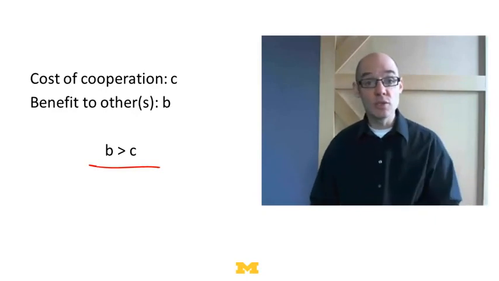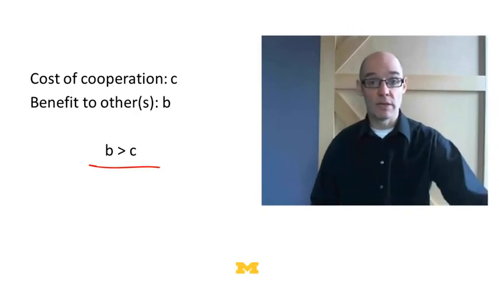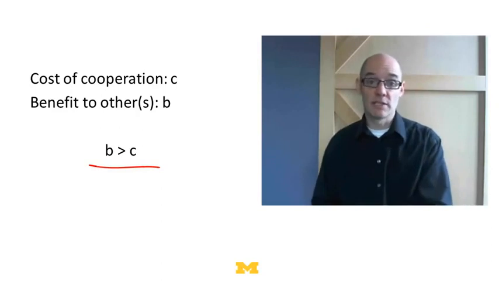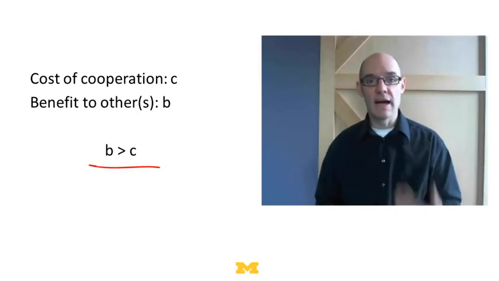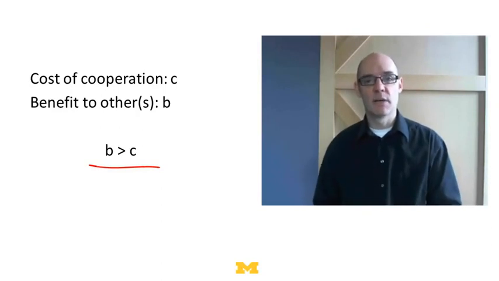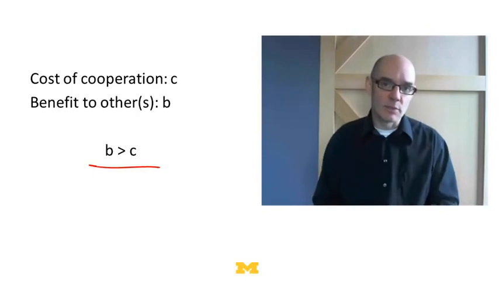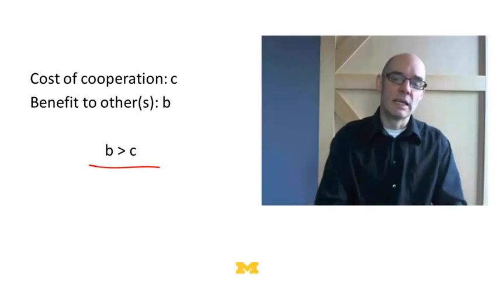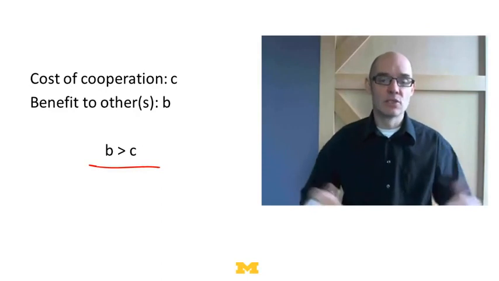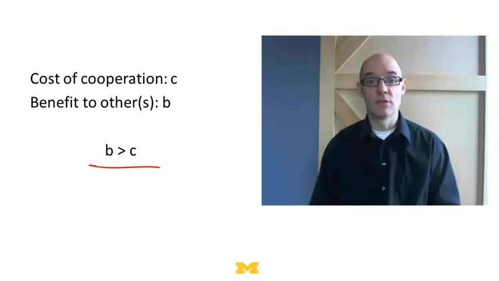So socially, we'd like me to cooperate because the other person's benefit is larger than my cost. Individually, I'd like to not cooperate because my cost is positive. So this captures the essence of a prisoner's dilemma: individually, I'd rather not cooperate; socially, everyone would prefer if I do cooperate.